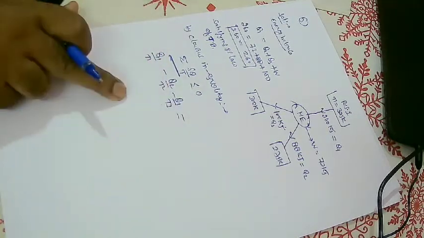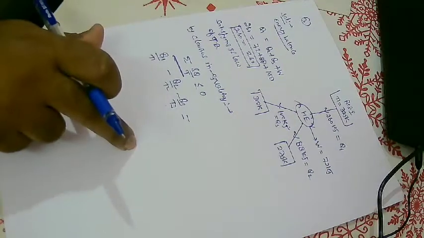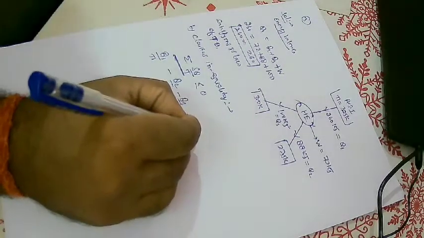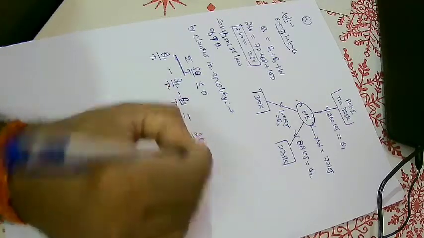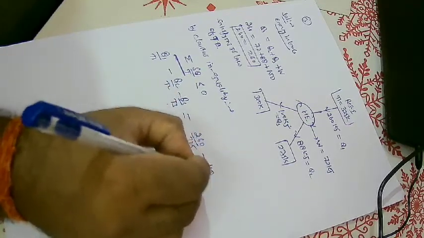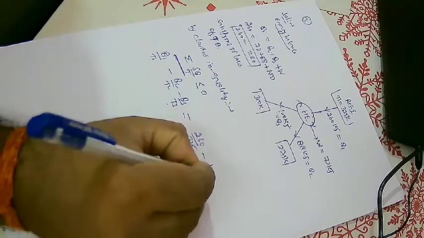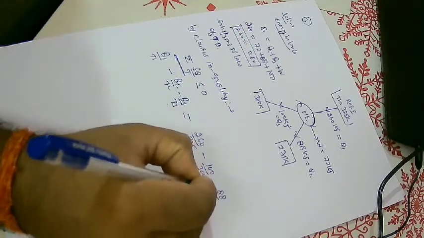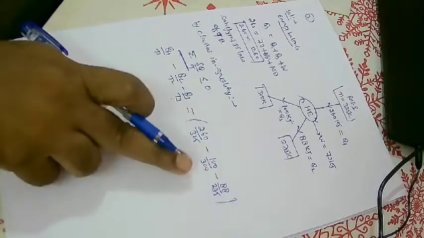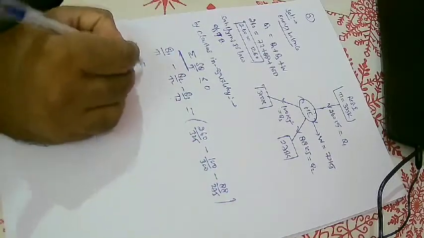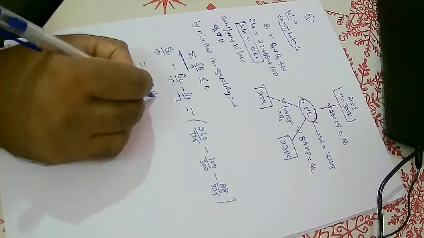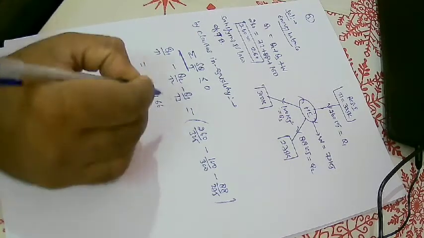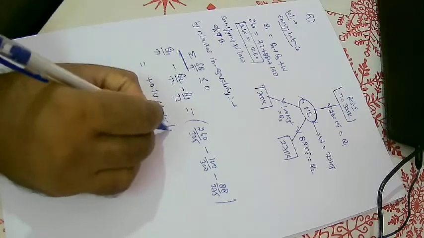So just substitute the values: 260 divided by 325 minus 100 divided by 300 minus 88 divided by 275. If I solve this, what am I getting? I am getting around plus 0.1466 kilojoule per Kelvin.